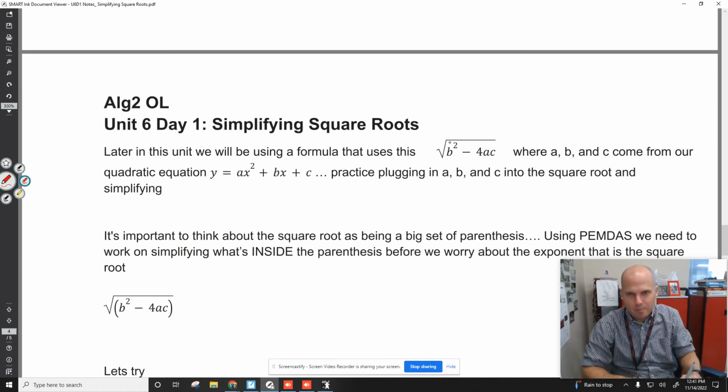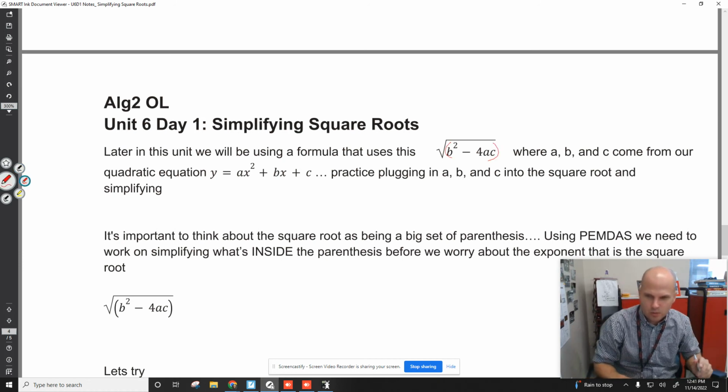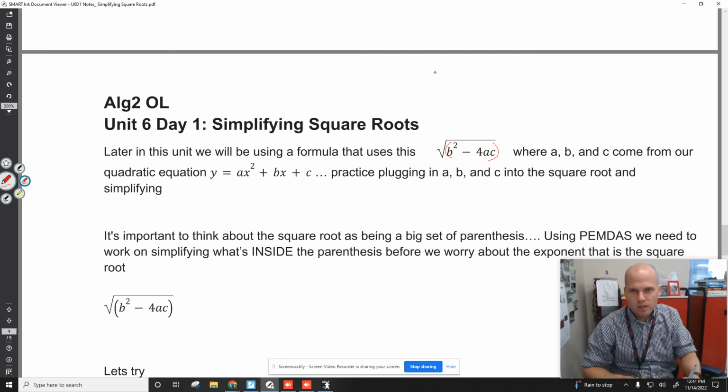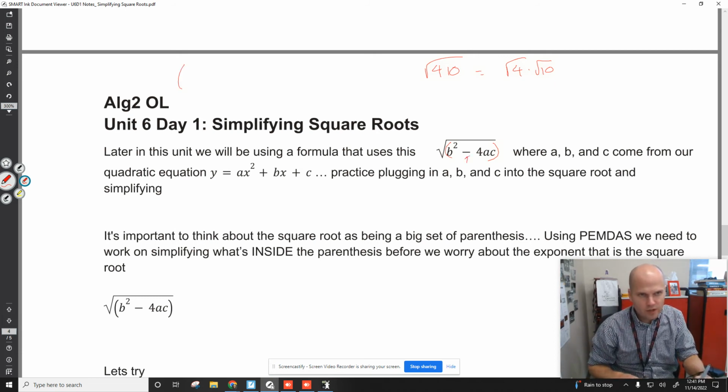is that we have like a big set of parentheses inside this square root. You might be thinking, oh, we've been doing something where I can just split this off and say root 4 times root 10. But that's going to not work for things over addition. See this like addition and the subtraction? It's kind of like if I ask you x plus 4, what's x plus 4 squared? Or let's say 3 plus 4 squared.